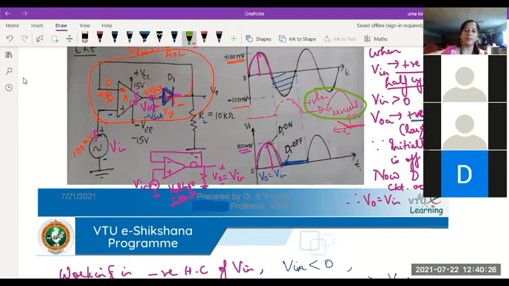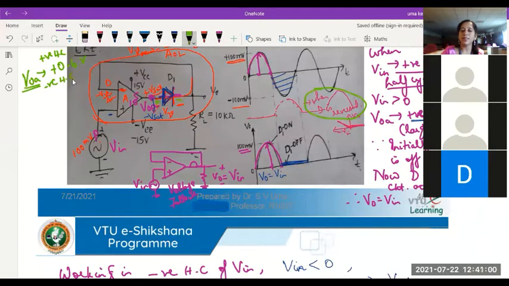So this VOA, what happens to VOA? At some point, VOA will be at a positive saturation. When it is at positive saturation, the diode conducts. What is the drop across a conducting diode? It is 0.6 or 0.7 volts, right? So whenever the diode conducts, the output of the op-amp will be at the drop across this plus 0.6 volts. But whenever it is not conducting, so positive half cycle, it will be like this.